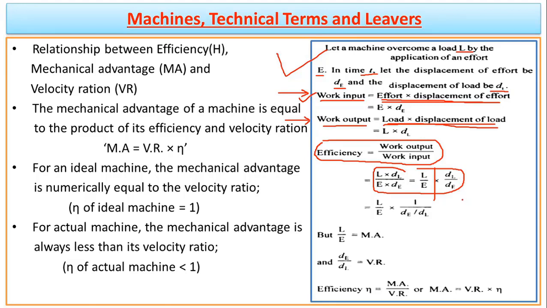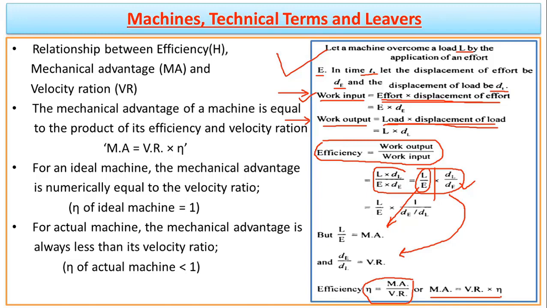Here, the load upon effort is the mechanical advantage, whereas the displacement of load upon displacement of effort can be said to be the reciprocal of the velocity ratio. Hence, at the end, we come to the calculation as efficiency equals mechanical advantage upon velocity ratio, or you can say the mechanical advantage equals the product of velocity ratio with efficiency.